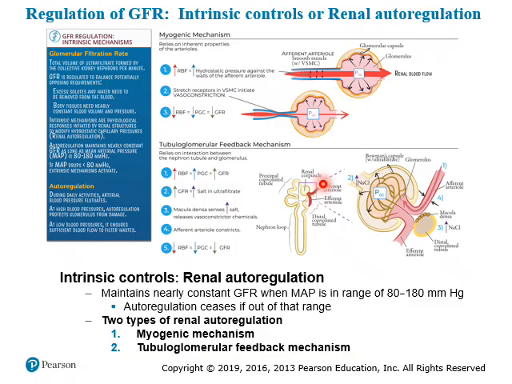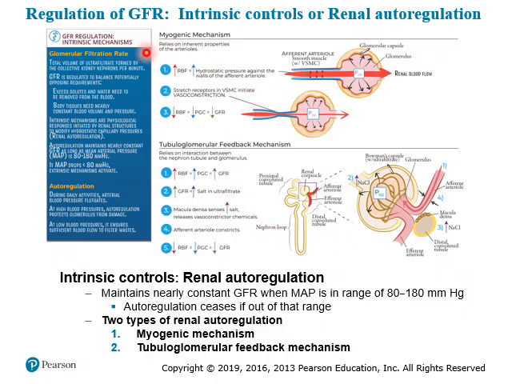So there are two types of renal autoregulation. One is the myogenic mechanism, and the other is the tubuloglomerular feedback mechanism. I will be discussing them one by one. This is a good view of both.